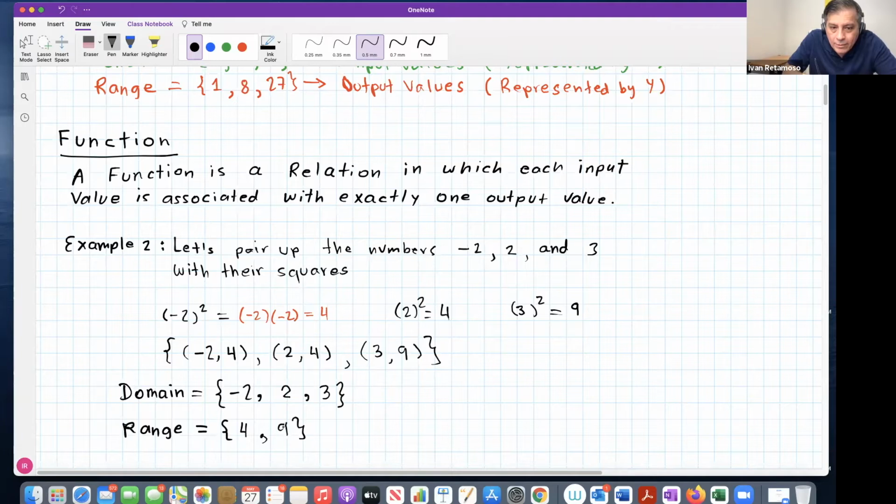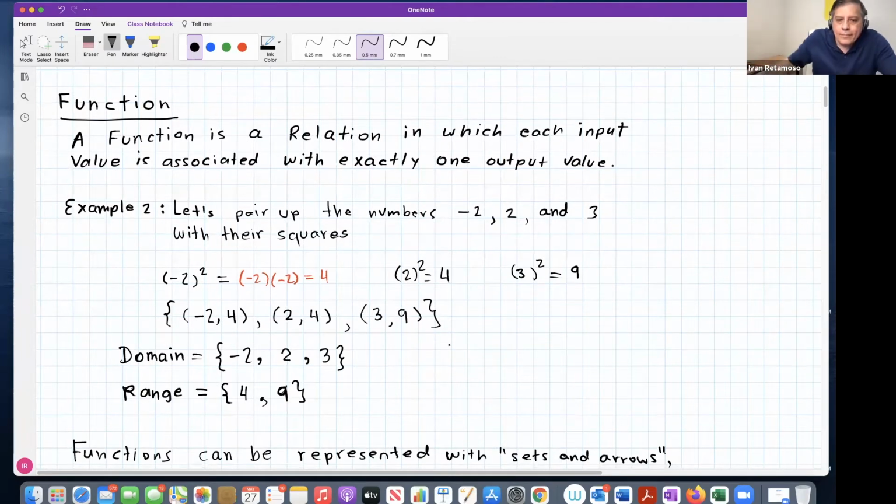Not 4, 4, because for sets, you just display the elements once. 4 and 9 is the range. Great. So this is a function. Again, notice that the condition is for each input value, a single output value. And these types of relations, the ones called functions, are very useful.